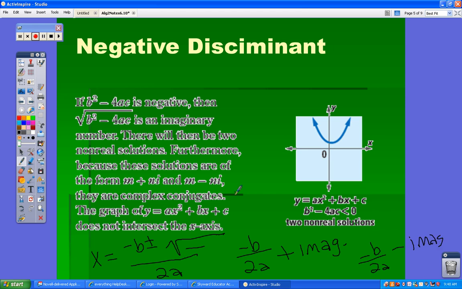Those are complex conjugates. They are not real, but there are still going to be two of them, because we add some imaginary part and subtract some imaginary part. They're non-real complex conjugates because the graph does not touch the x-axis anywhere. It's usually helpful, like I said, to figure out what b squared minus 4ac is and see if it's positive, negative, or 0. You could also look at the graph to tell.